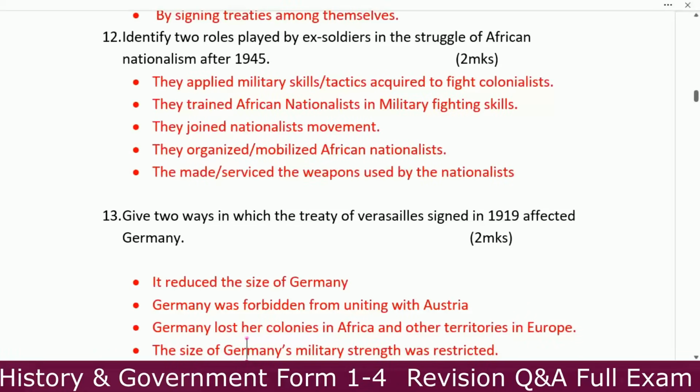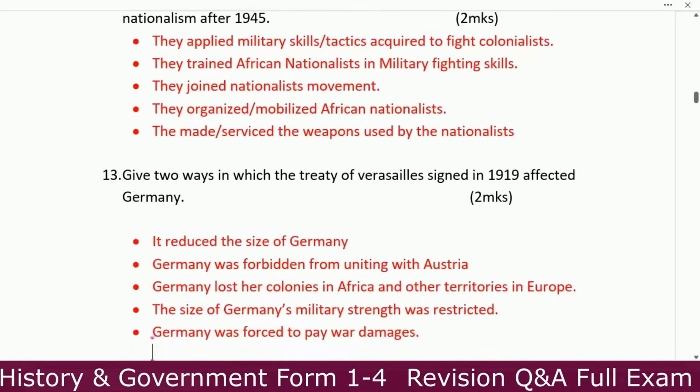Number 2, they trained African nationalists in military fighting skills. Number 3, they joined the nationalist movement. Next, they organized or mobilized African nationalists. And then the last one, they serviced the weapons used by the African nationalists.